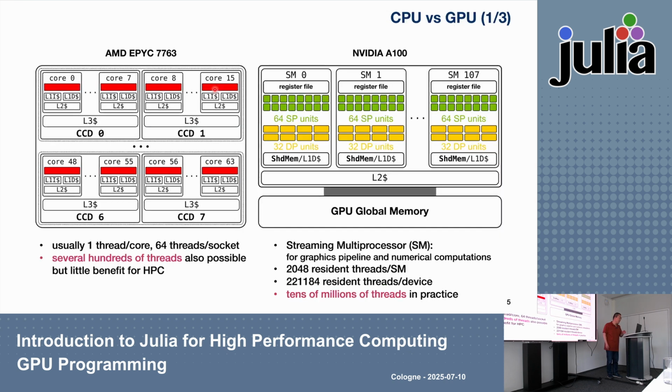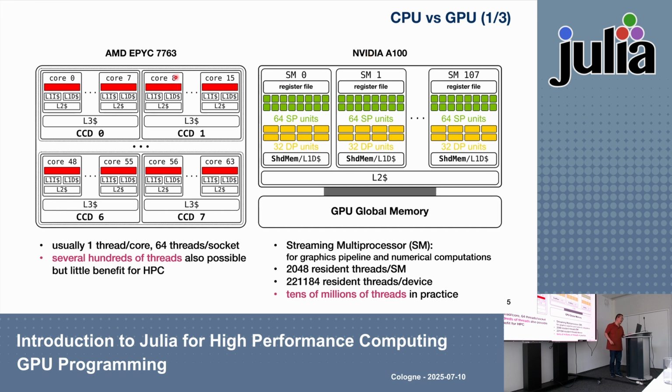But no worries, this slide looks very technical or complicated, but I would like to give you a high-level understanding for the CPU. As you can see, the AMD CPU currently in Noctua 2, and the NVIDIA A100 GPU currently also in the GPU partition in Noctua 2, so that you have a higher level understanding.